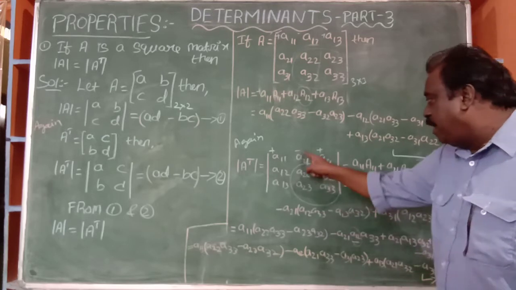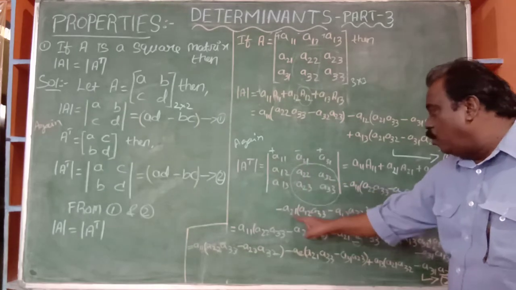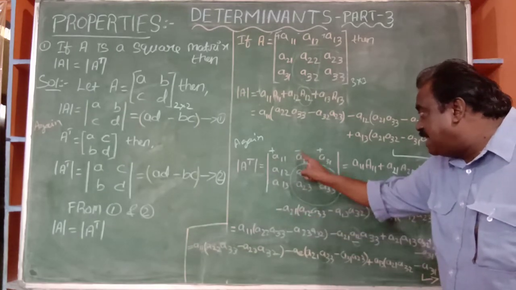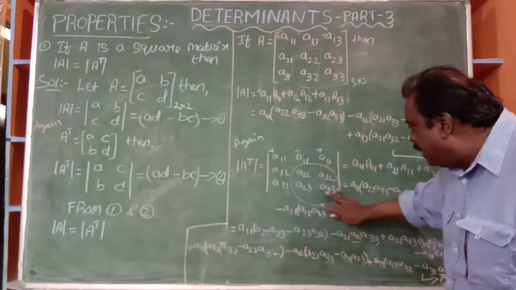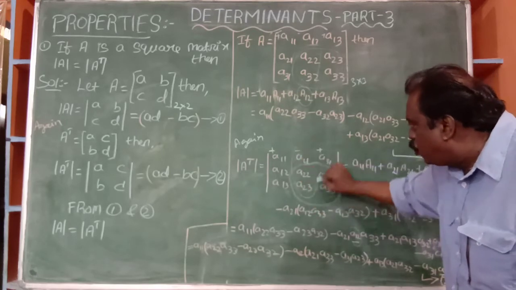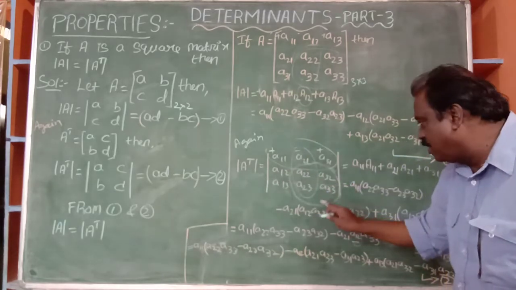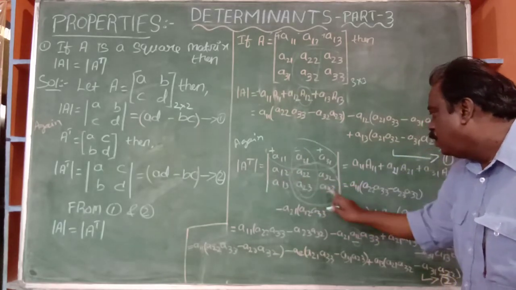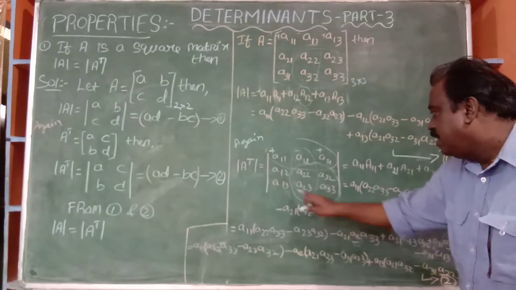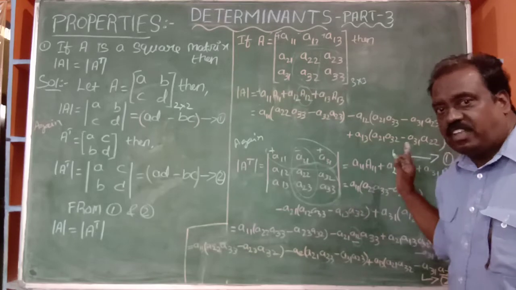Next, minus here for a21. After deleting this row and column, these are the elements: a12, a13 and a32, a33. And minus also is there.